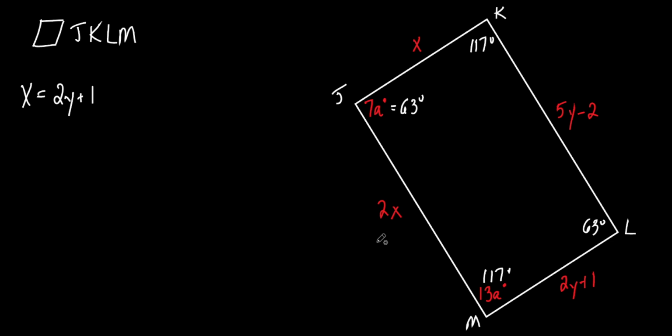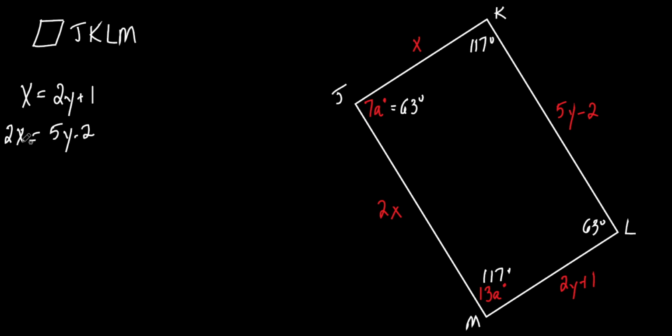All right, so what's our second equation going to be? 2x equals 5y minus 2. Good. Because these two right here are across from each other, they're equal. These are across from each other, they're equal. And now we should be able to solve for x and y. So the math, again, is a little bit more complicated. Not much.